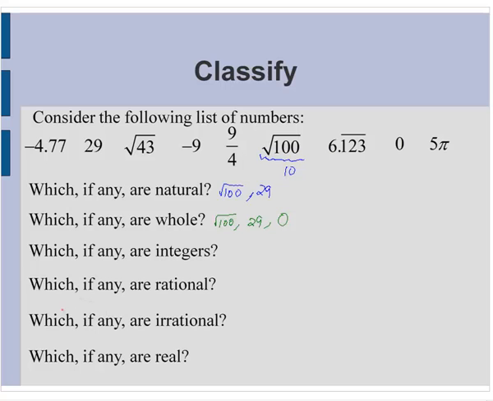Which, if any, are integers? All right, so remember the integers are the whole numbers and any opposites of the natural numbers. So if it was a whole number, it's also an integer. Square root of 100, 29, 0, and anything else, -9 is an integer.